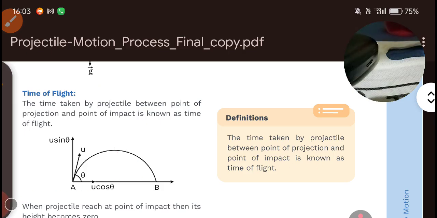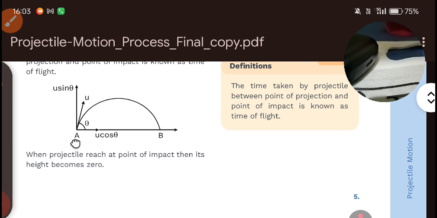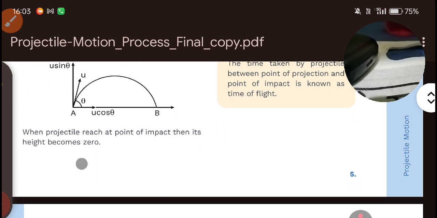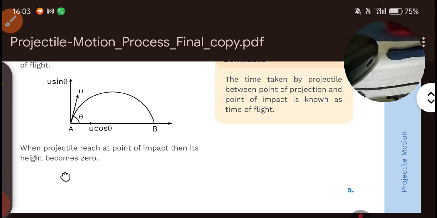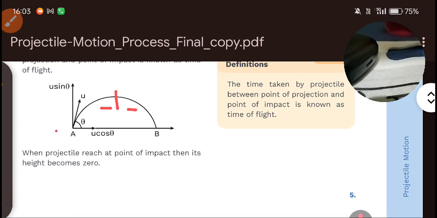When the projectile reaches the point of impact, its height becomes zero. This is known as the highest point where the object will reach.